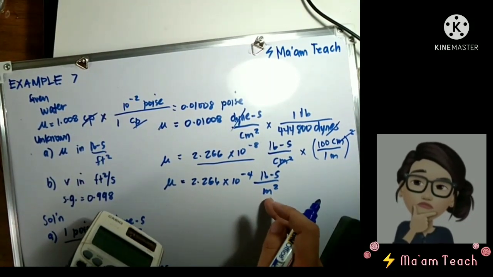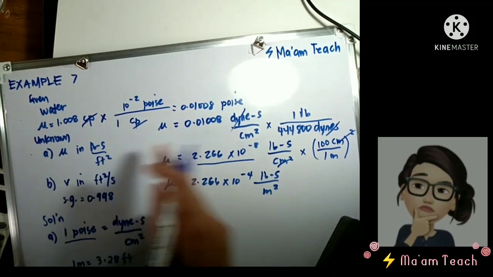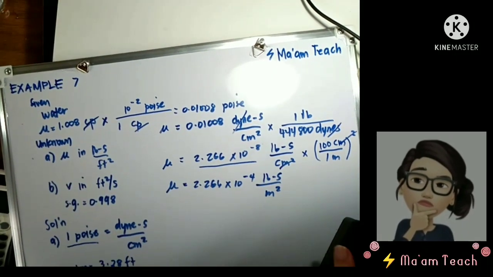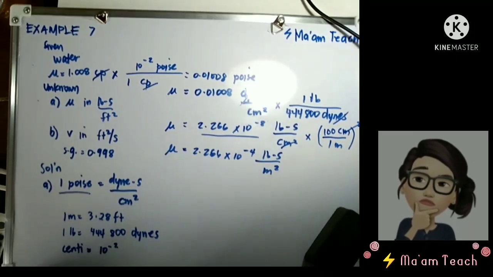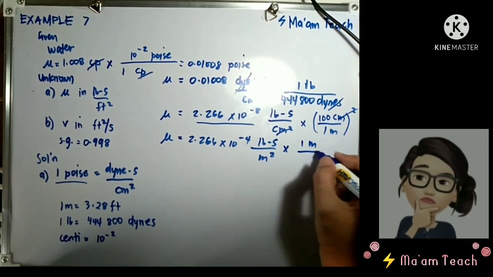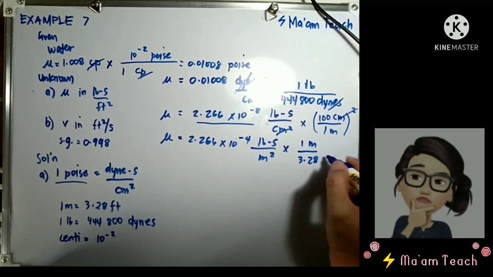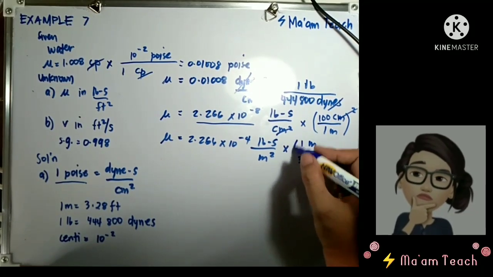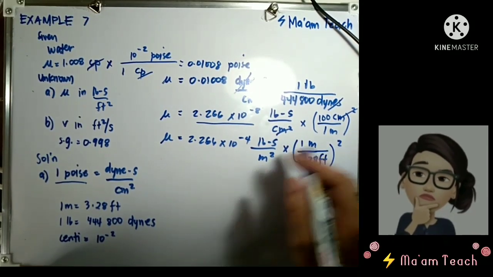But that's not our target. Our target is square foot. So using the conversion, 1 meter is equal to 3.28 feet, and we have to square it, of course, to cancel out the units.